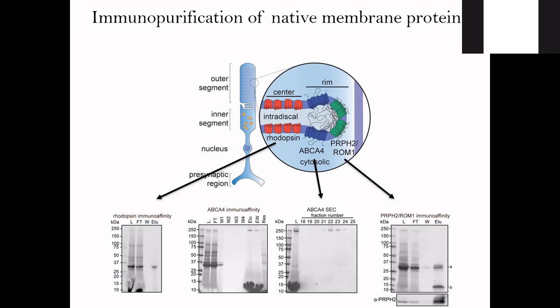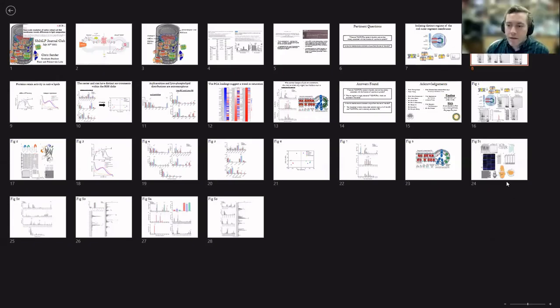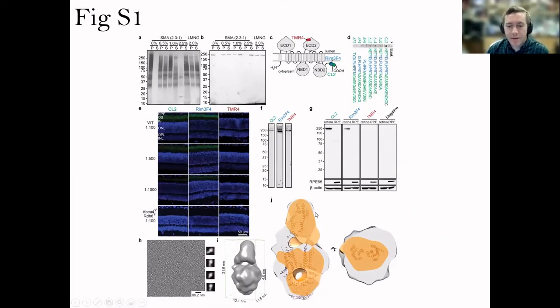One of the possible reasons is, let me see if I can pull up, so in this negative stain EM structure, you can see that there's this very large domain, and it actually extends beyond where this EM structure was. So this is a very closely related protein, ABCA1, which is also a lipid flippase.